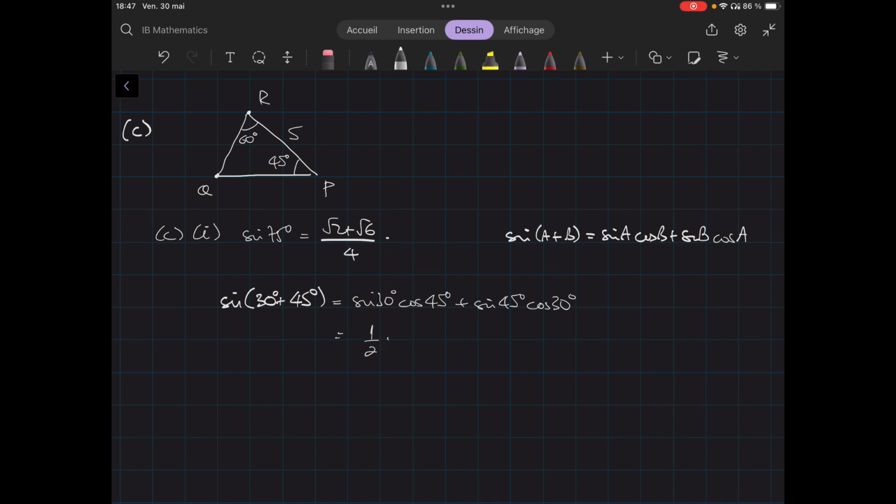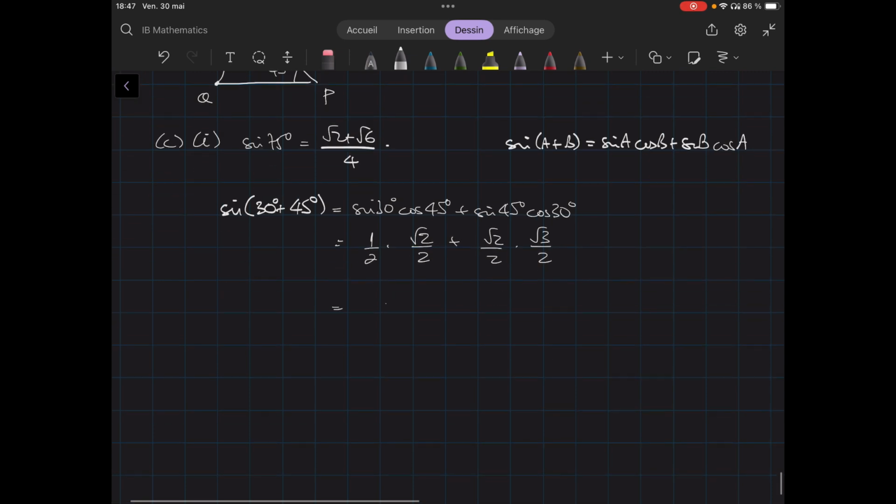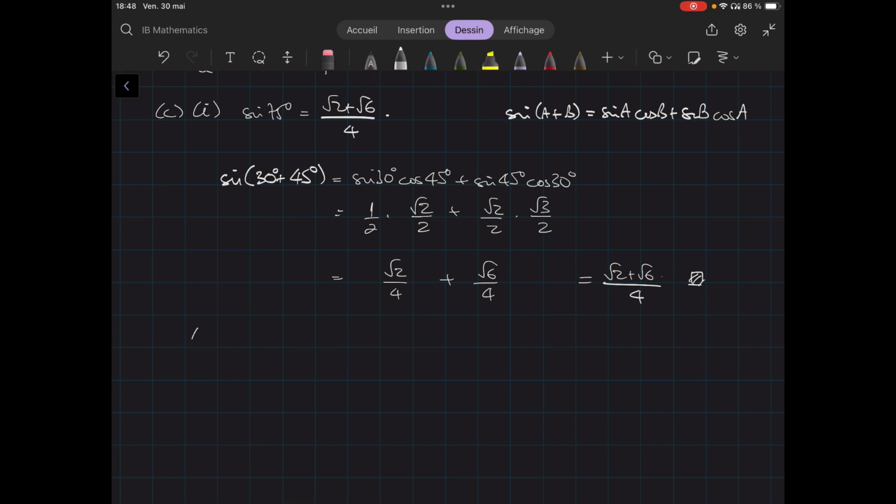Cos of 45 degrees, that's √2 over 2. Sine of 45 degrees, that's √2 over 2. Cos of 30 degrees, that is √3 over 2. Doing basic math, that will give you √2 over 4 plus √6 over 4. In other words, the given answer. Easy, 3 marks. The last part of the question is on finding the length of QR.